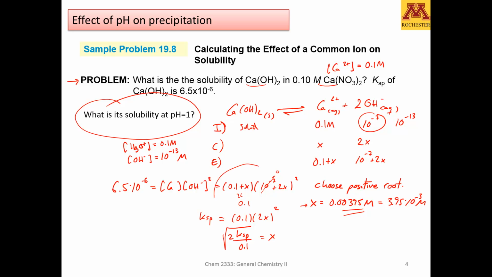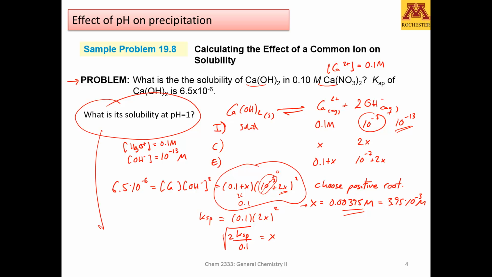In this cubic equation, if x was already much bigger than 10 to the negative 7, this keeps being true, so I do not need to set up any equation, because the 10 to the negative 7 was almost 0 compared to the 2x. Now that we made it 10 to the negative 13, it's even smaller.